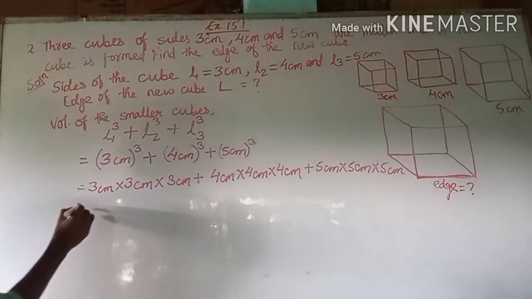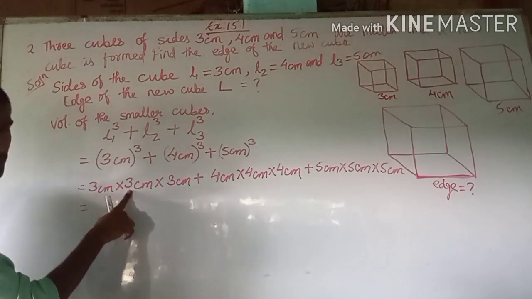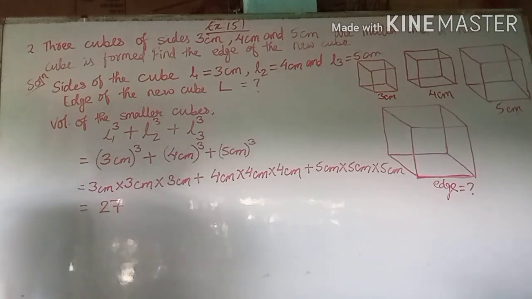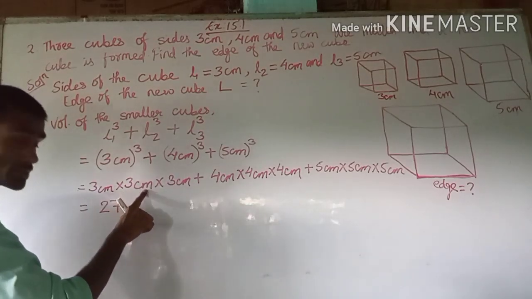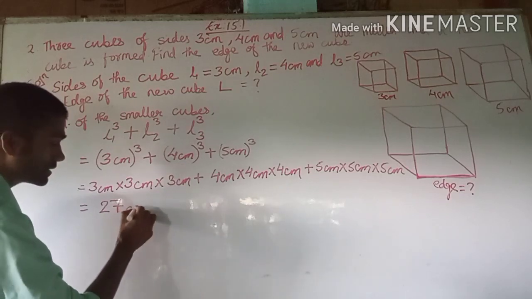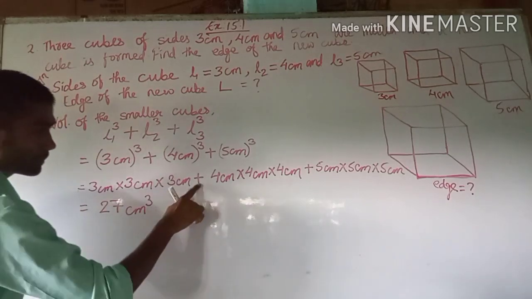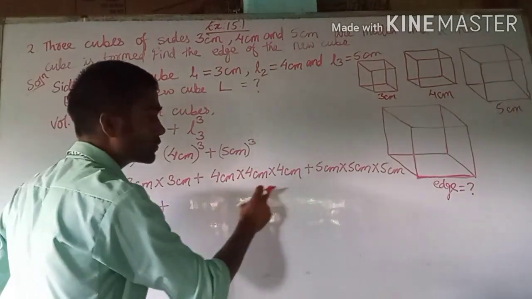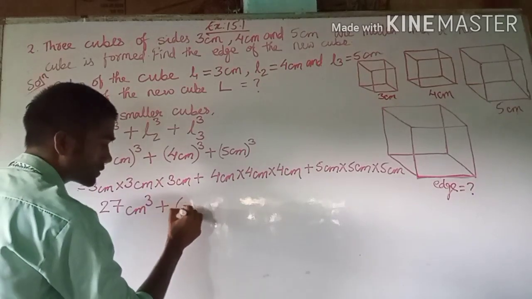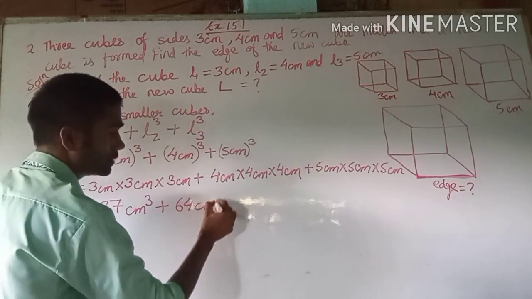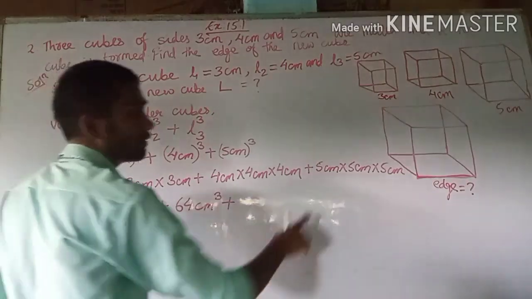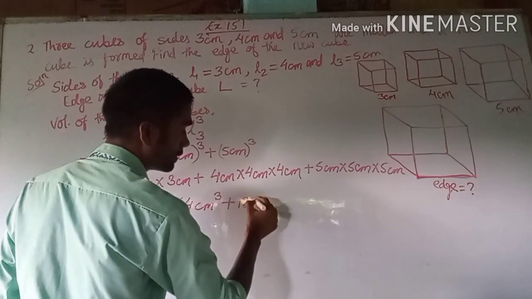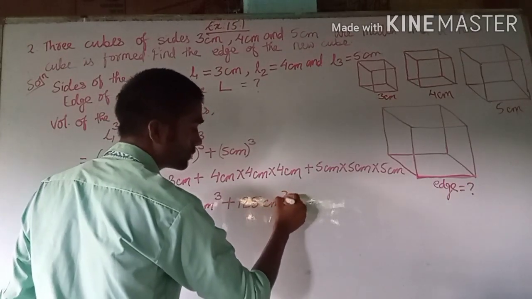Now let us multiply them. 3 into 3 is 9, 9 into 3 is 27. Centimeter into centimeter is centimeter square, again into centimeter, centimeter cube. Plus 4 into 4 is 16, 16 into 4 is 64, so 64 centimeter cube, plus 5 into 5 is 25, 25 into 5 is 125 centimeter cube.